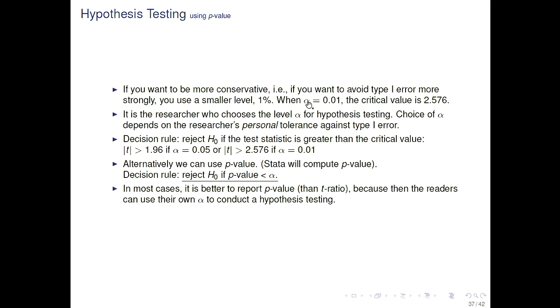Of course, if the level is 1%, then the critical value is going to be different. The critical value is not 1.96 anymore. This 2.576 is the critical value for hypothesis testing with size of 1%. So the decision rule is similar, but a little bit different. When the ratio is greater than this critical value, you reject the null hypothesis.